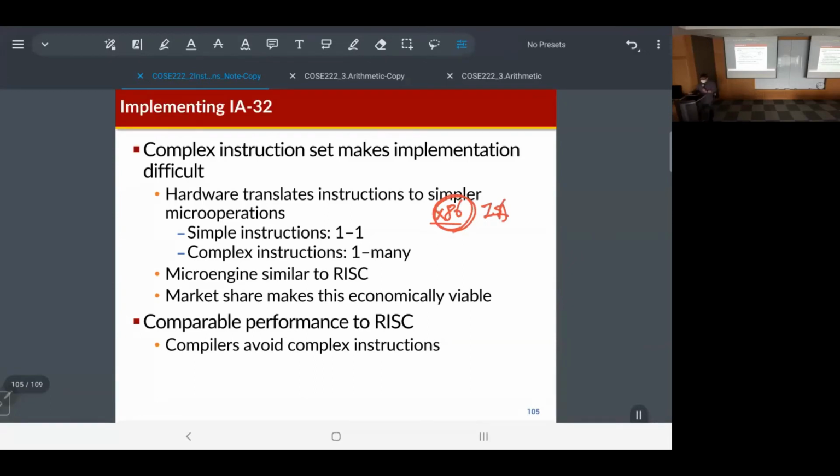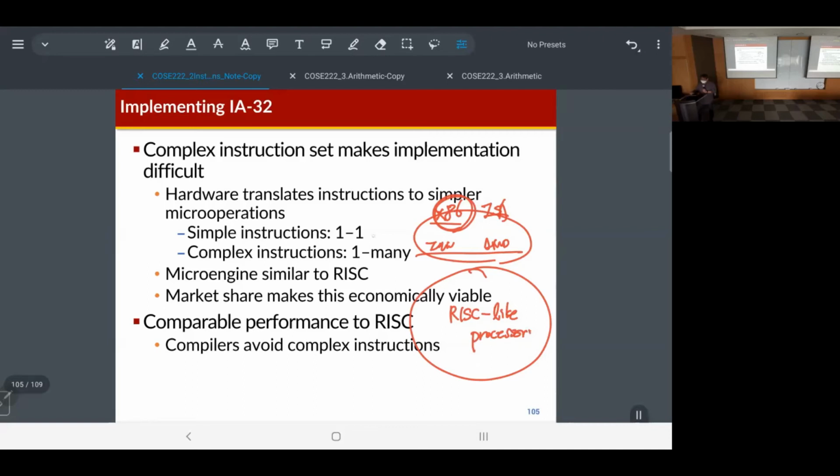Intel and AMD currently build RISC-like processors, like ARM or RISC-V processors.